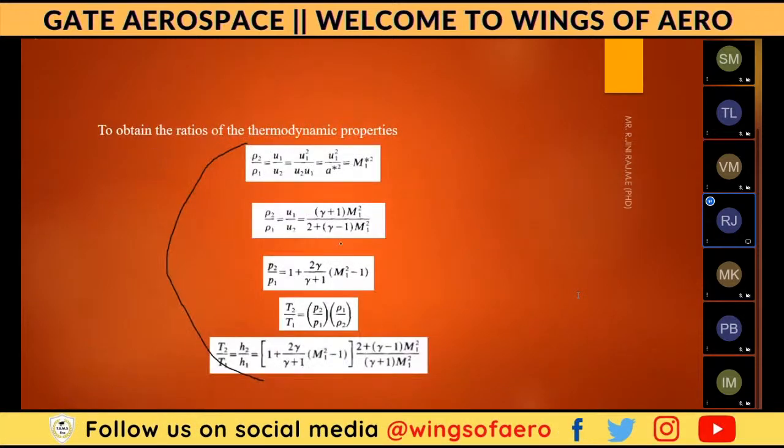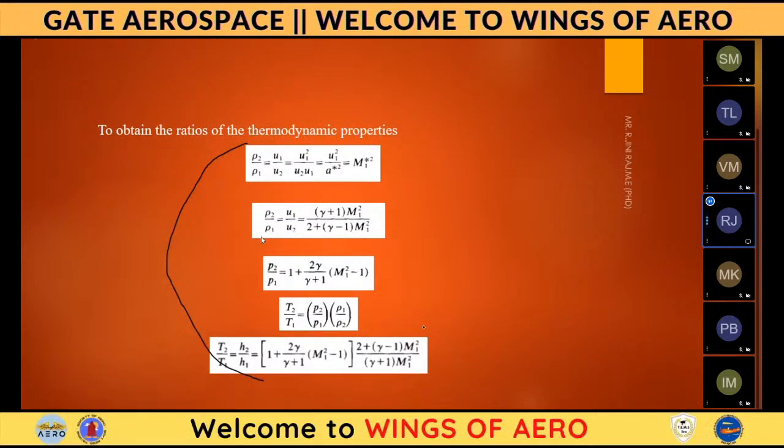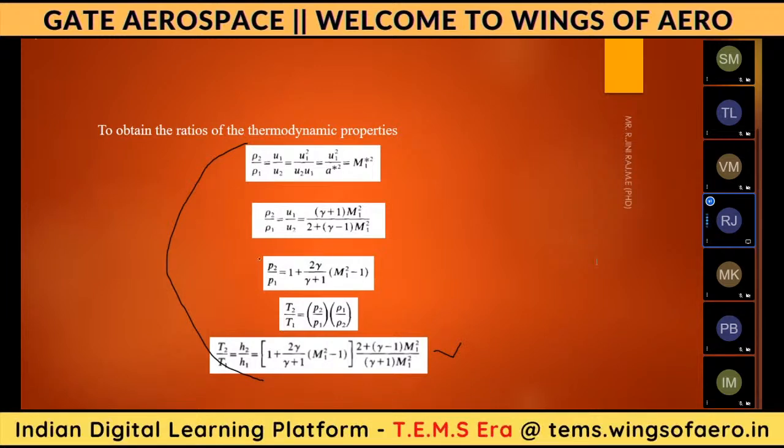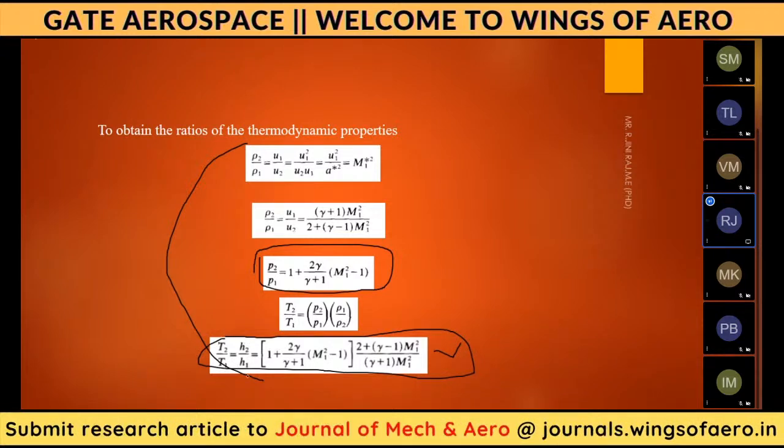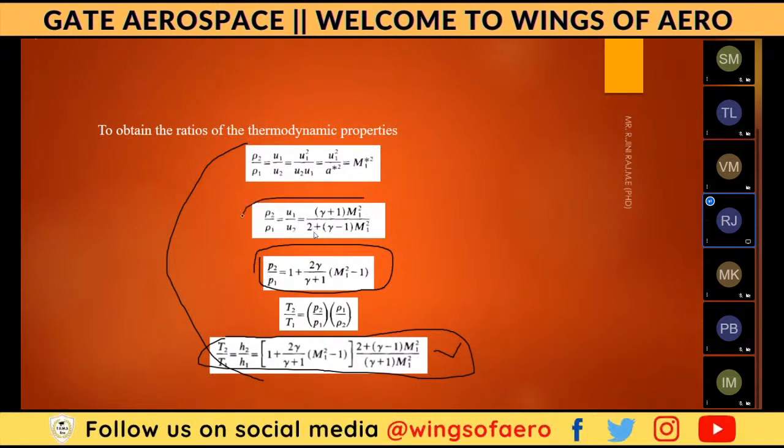Substituting here. Same way, p2 by p1. These are the relations, and after solving, we are getting these three formulas. In order to find the pressure ratio, we need to use this equation. In order to find the static temperature ratio, we need to use this equation. For enthalpy ratio also, we can use this relation. For density, we can use this relation.